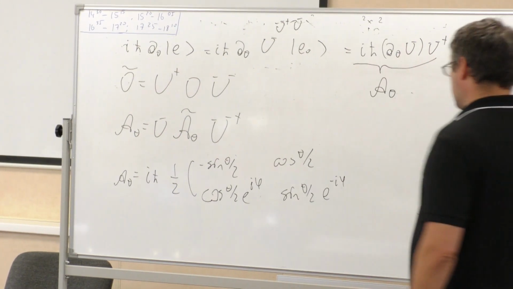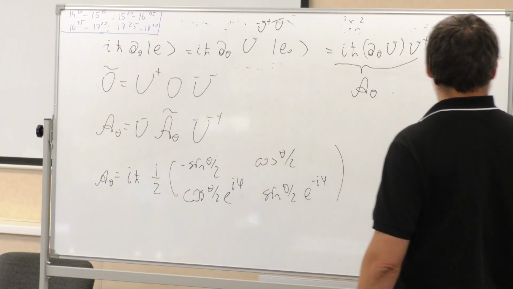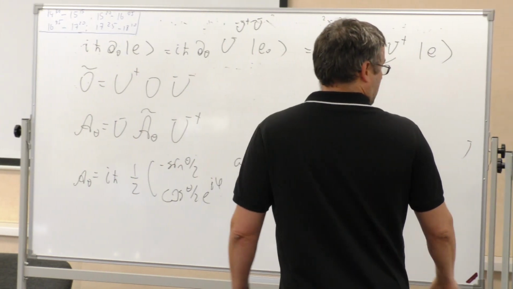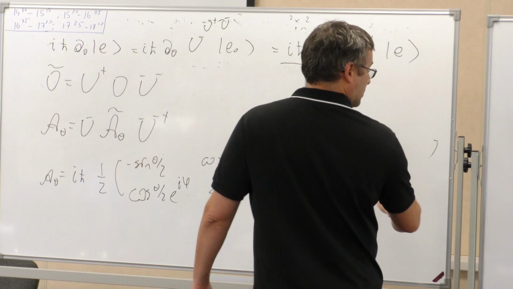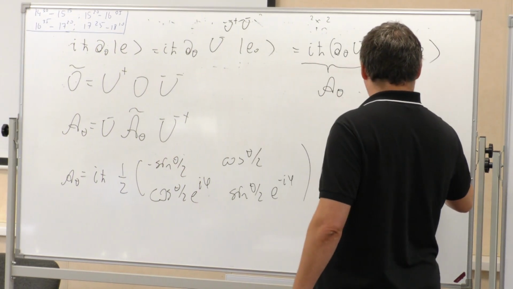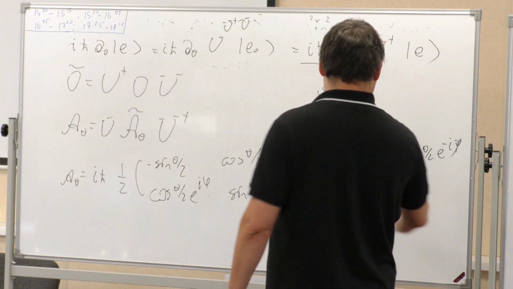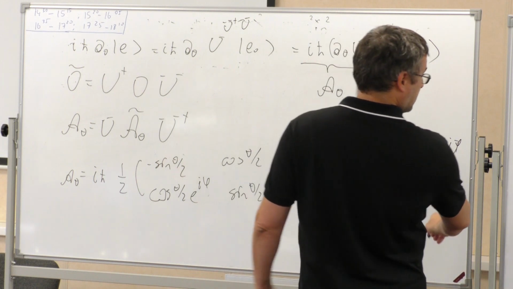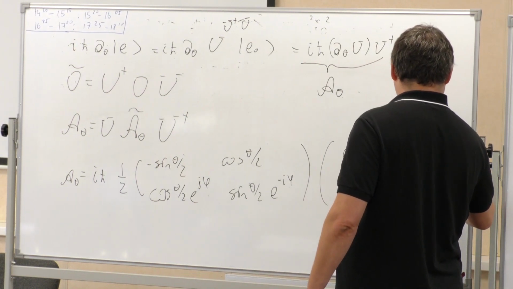Yeah, at least in my notes it's minus. And then I have to multiply it by U dagger, which is cosine theta over 2, sine theta over 2 e to the minus i phi, sine theta over 2, and then minus cosine theta over 2 times e to the plus i phi.